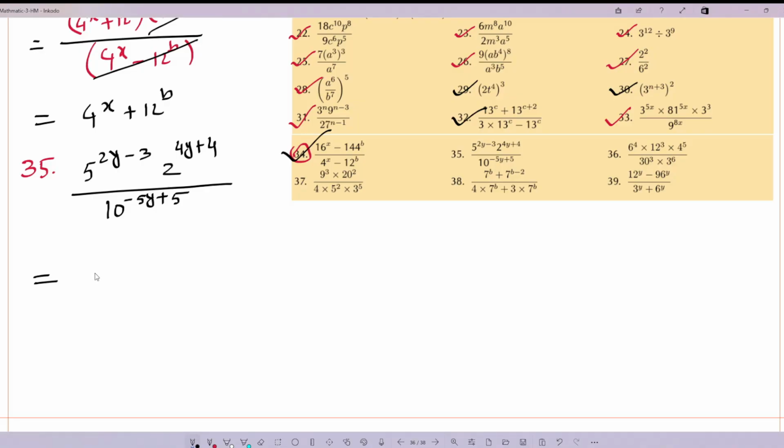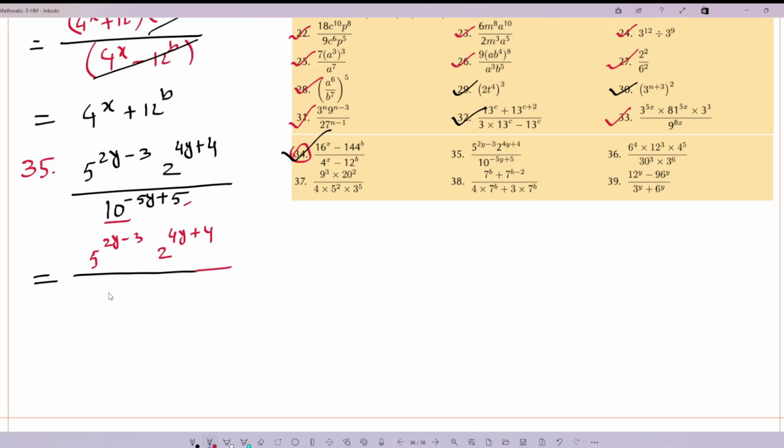This fraction we are seeing, in the numerator 5 to the power 2y minus 3 times 2 to the power 4y plus 4, divided by 10 to the power minus 5y plus 5. So our target 5 to the power 2y minus 3 and 2 to the power 4y plus 4, we will not do anything. It will be unchanged.